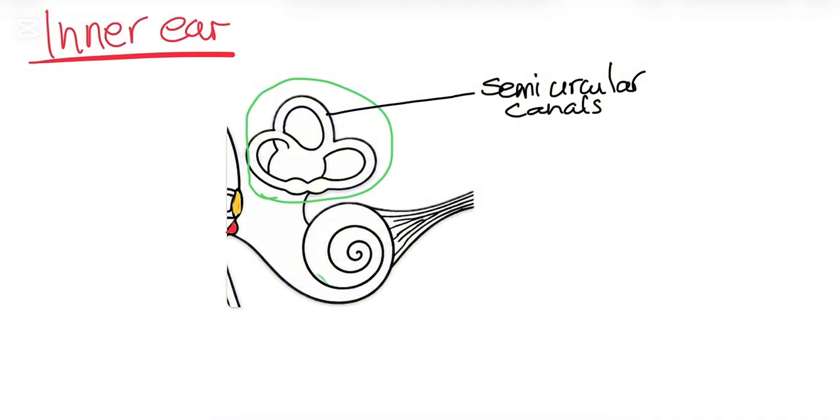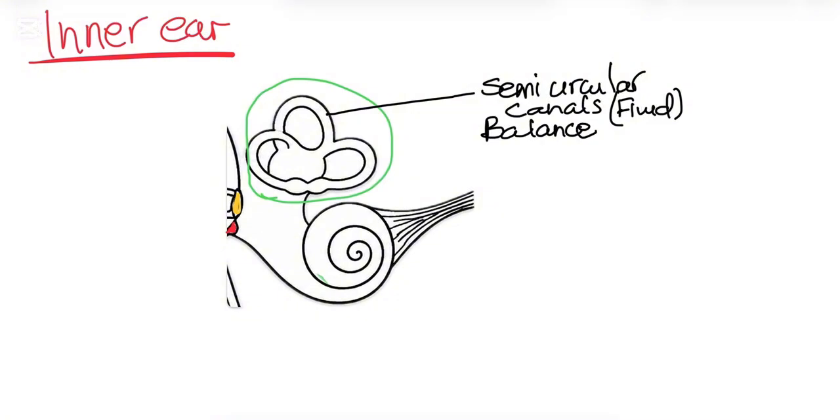The semicircular canals are filled with fluid. This is where we find the fluid that we talked about in the overview, and they are involved in maintaining balance.